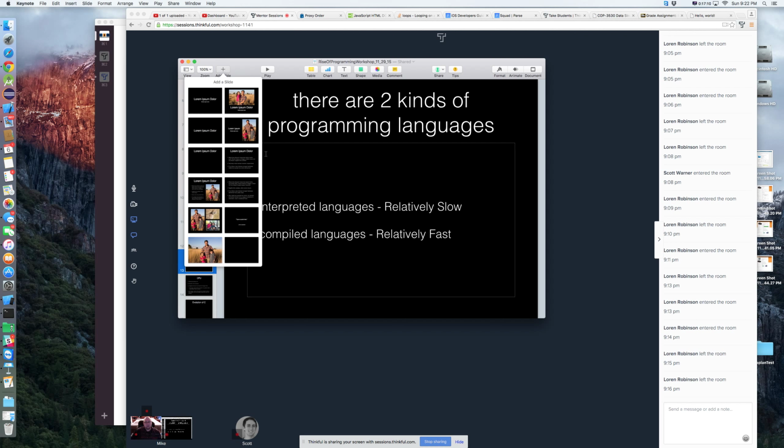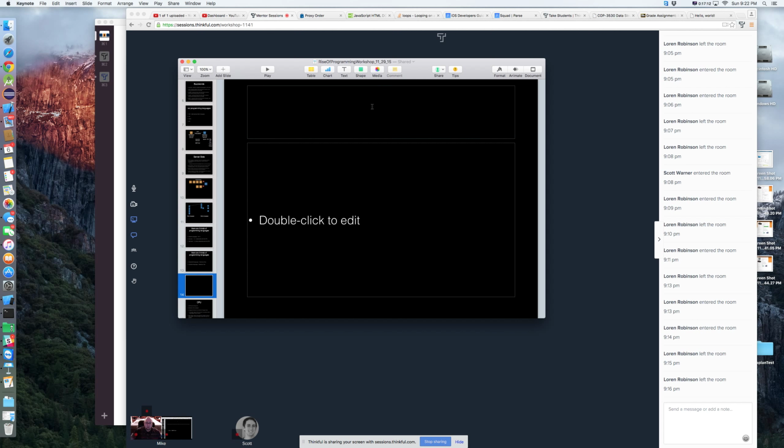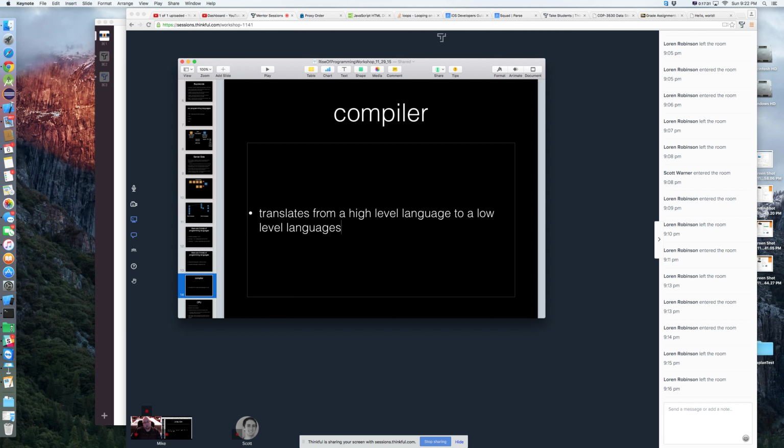Now, why are they slower or faster? Well, let's talk about a compiler. What's the job of a compiler? Well, we can answer this in terms of what we saw a couple slides ago. A compiler translates from a high-level language to a low-level language.